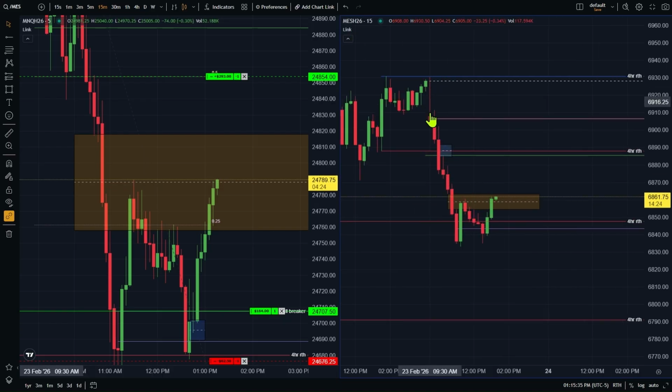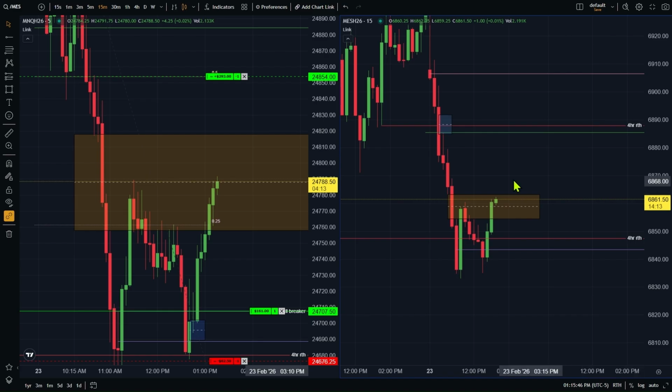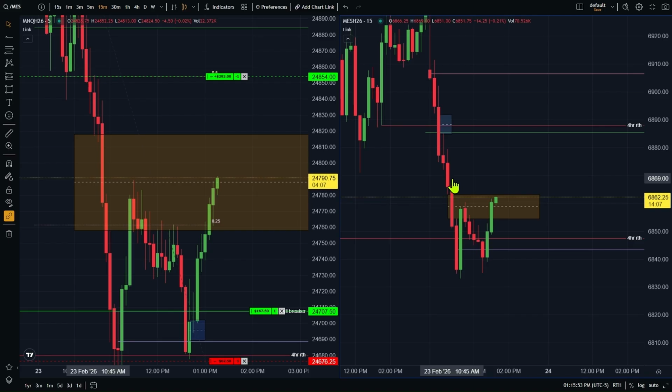Opening range low is right there. Pre-market low is there. Taking that 15-minute candle high and then ranging here the rest of the day is a very distinct possibility.